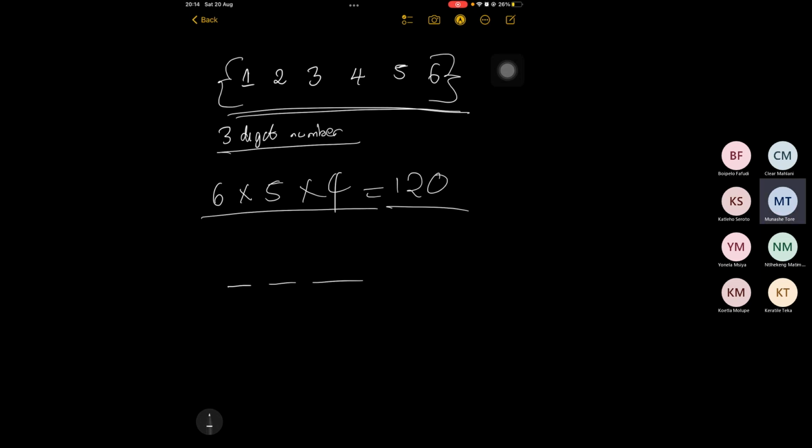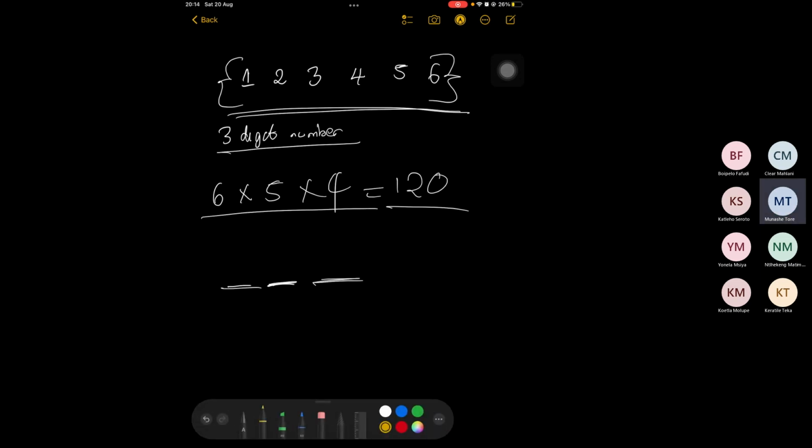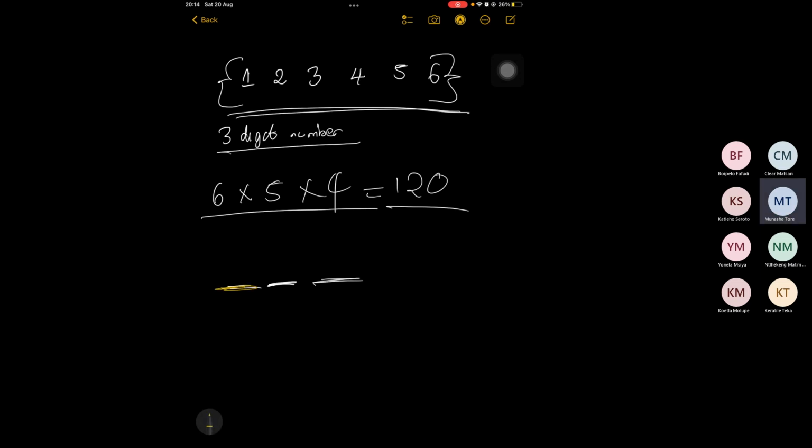Then with the 3 positions, how many numbers can fill up this position? It's going to be 6, isn't it? Then the moment you subtract 1, how many numbers are you left with? You are left with 5 numbers, isn't it? Then the moment you subtract this one also, you are left with how many?